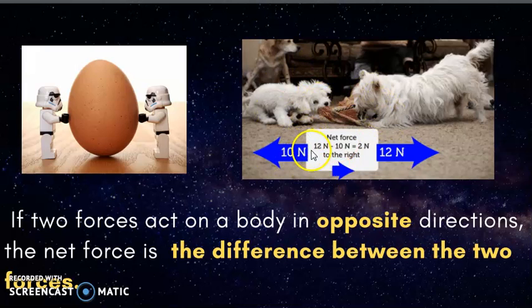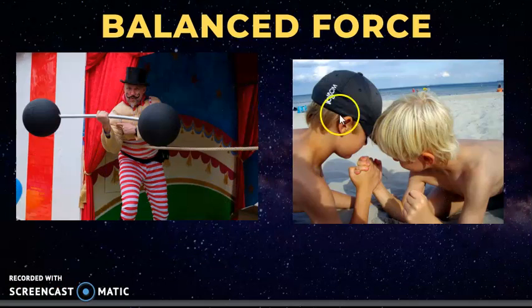What would have happened if the force applied by this dog was also 10 Newton? Will the object move? No, because both of them are applying the same force in opposite directions. So when you apply the same force in opposite directions, what is that type of force known as? Yes, it's known as balanced force.